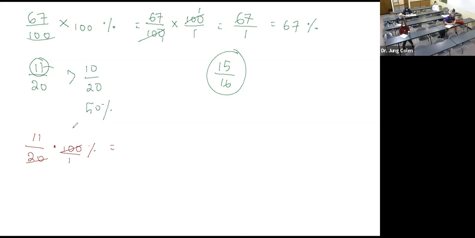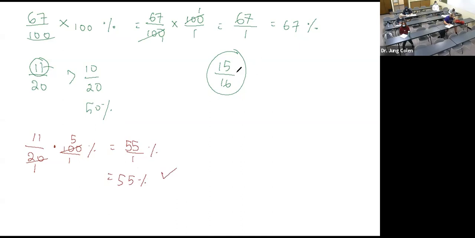What do we have here? 5 and 1. So 11 times 5. Avery, what did you say? 55 over 1 percent, or that's 55%. So yes, it's a little bit more than 50%. I think that's a good answer.